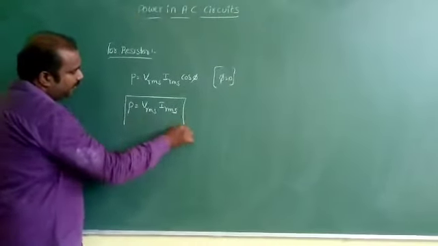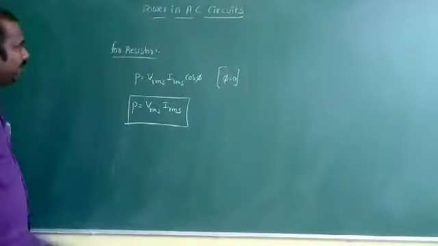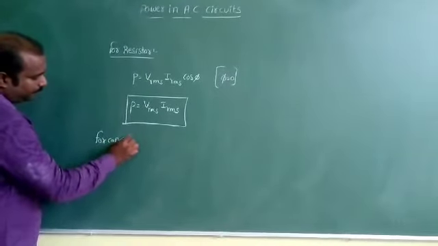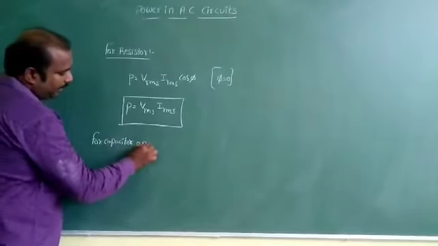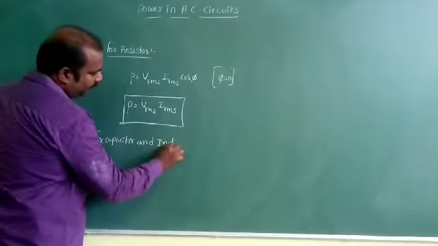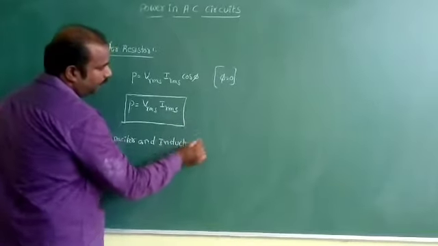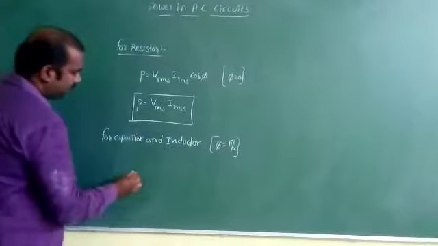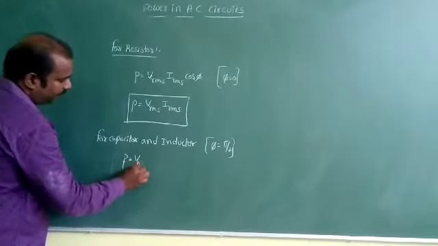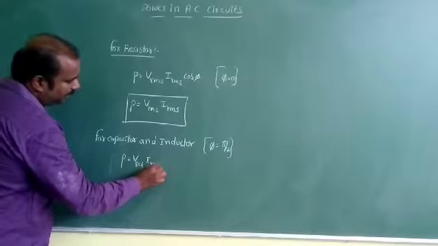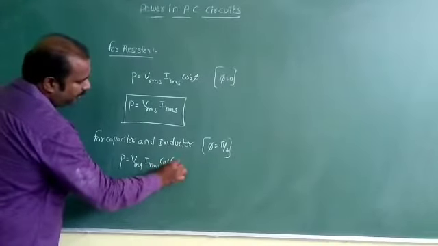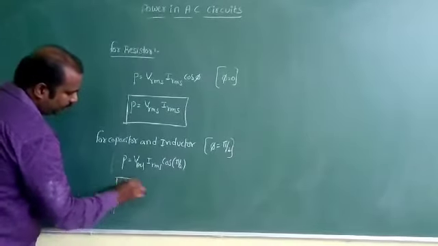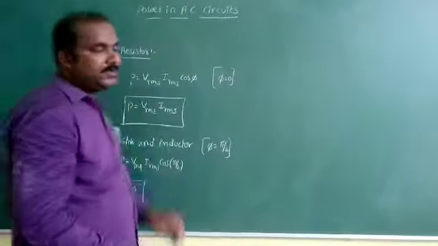This is true for a resistor. Whereas in case of a capacitor and inductor, the phi value is equal to 90 degrees. In such a case, P is equal to Vrms Irms into cos 90, and cos 90 value is 0. So that is the reason power is equal to 0. So everybody must remember these important values.